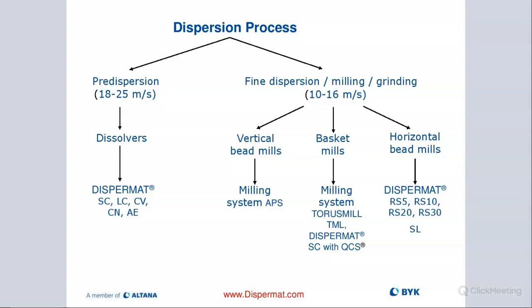And for that, again, we have different types of media mills, vertical bead mills, we call that an APS system, basket mills, our TML or horizontal bead mills, where we have the SL for lab or RS for manufacturing scale. But remember, dispersion process, always two parts. Pre-dispersion, first step, absolutely necessary and critical, and then the fine dispersion, milling or grinding as the second step.